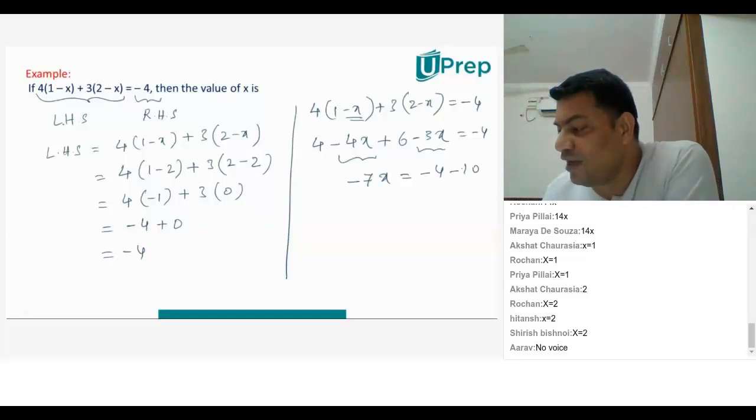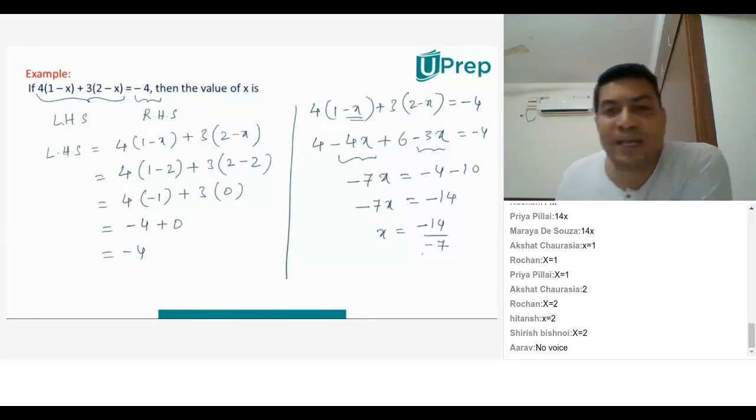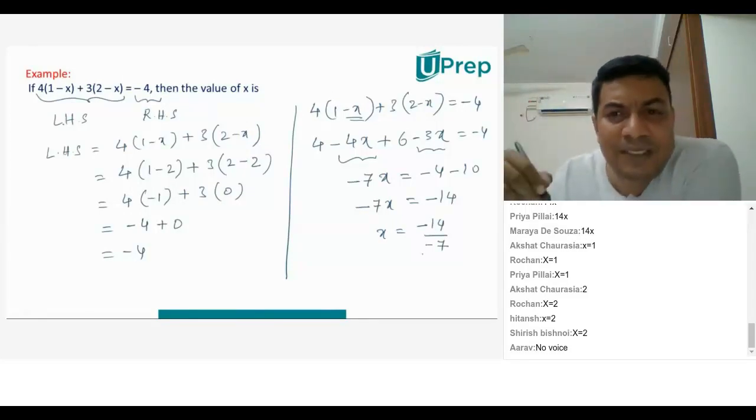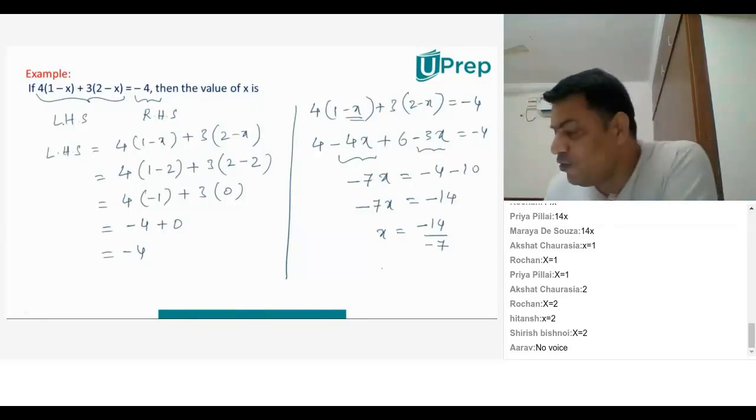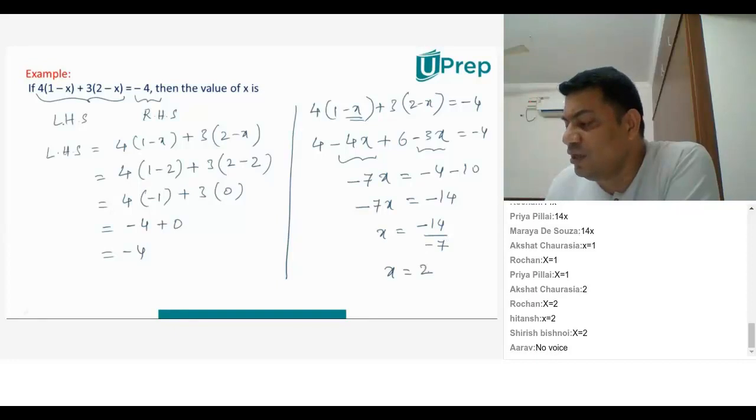So you have minus 7x is equal to minus 14. So what will be the value of x? x will be minus 14 divided by minus 7. Minus divided by minus is always plus, and 14 divided by 7 is 2, therefore the value of x is 2.